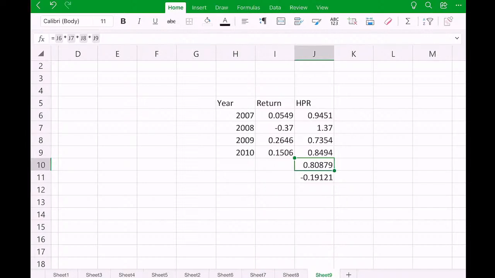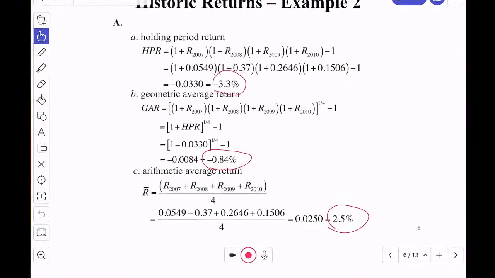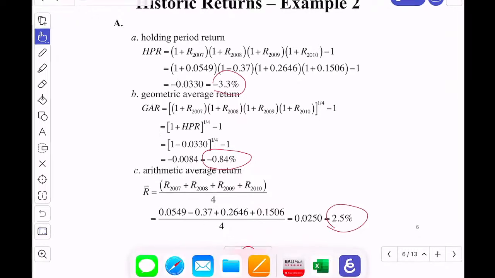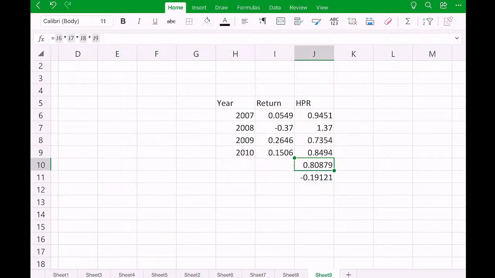It's possible there's a mistake there, but I think I checked that a million times. Anyway, try and confirm it. Oh, that's why, because it's 1 plus. That's why I did it wrong. Oh my gosh. I don't know why I'm using 1 minus. All right, it should be 1 plus, of course.